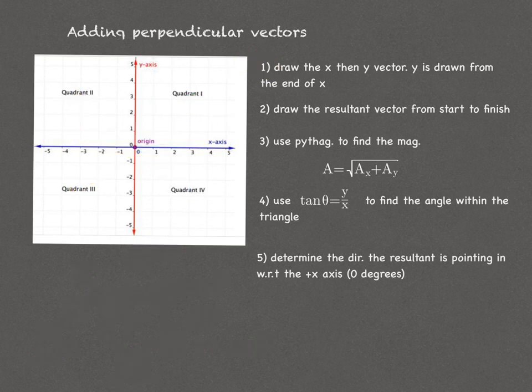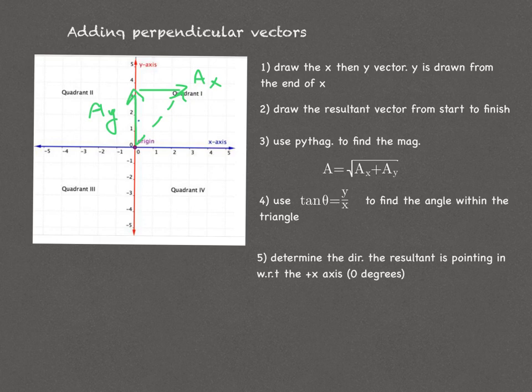So I'm sure there's the question of what happens if we don't draw the x then the y. Well, it's nothing too bad. So if we drew the y first and then the x, our resultant would still be the same magnitude, and the resultant would be pointing in the same direction.